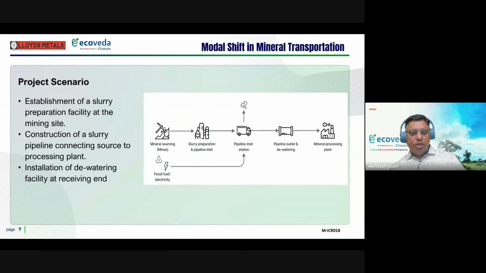This is the project scenario. From the mines, the mineral is transported to the slurry preparation facility where water is mixed to maintain the flow in the pipeline. There are certain technical aspects adopted, specific to each pipeline and each project activity.